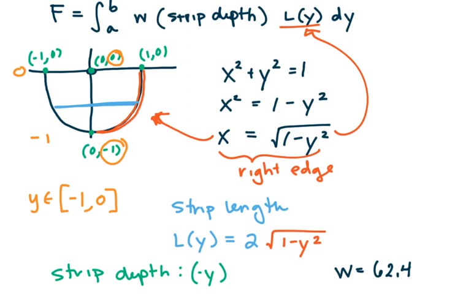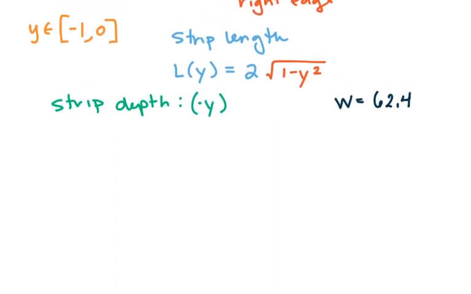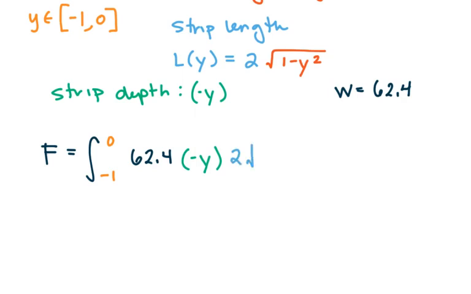So now that we've drawn our picture, we've analyzed our problem, let's set this integral up so that we can solve it. So my fluid force is going to be the integral from -1 to 0. My weight density, 62.4. My strip depth is -y. My strip length is 2 times the square root of 1 minus y squared.